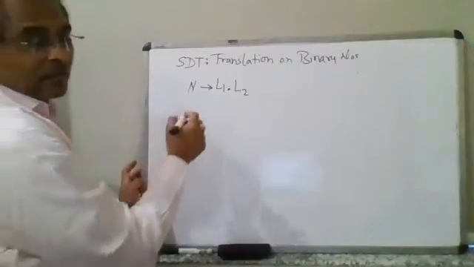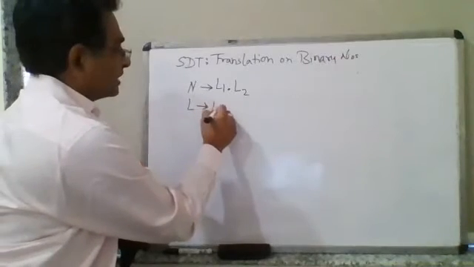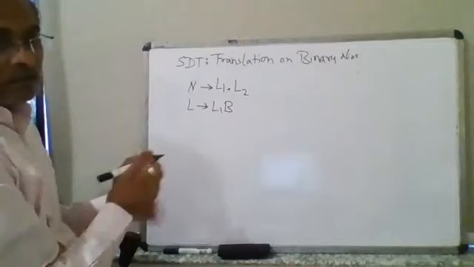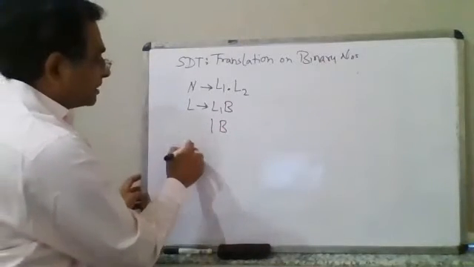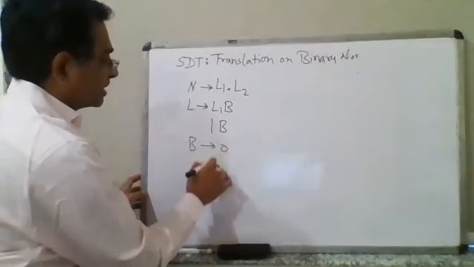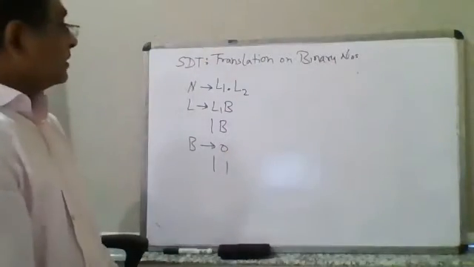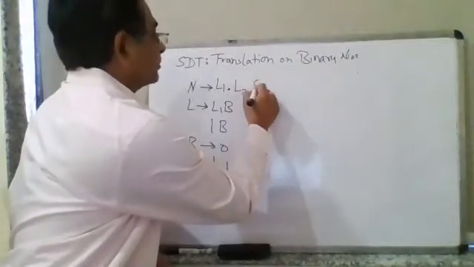And L tends to, we know, L1B, and the rest of the things remain the same. Or B, and B can be either 0 or 1, right? So what will be the action part for this, the appropriate SDT for this?